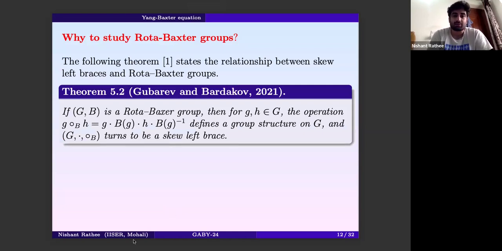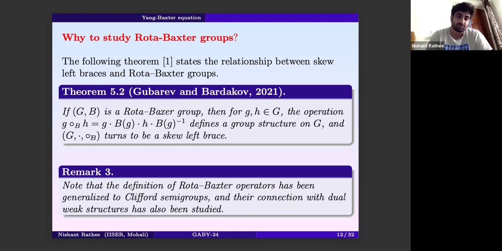Suppose you have a Rota-Baxter group, a Rota-Baxter operator B on G. Then the operation g circle h equals g dot B(g) h B(g) inverse defines a group structure on G, and together with the original group operation on G, this turns out to be a skew left brace. So you have the Yang-Baxter equation, then skew left braces which induce solutions of the Yang-Baxter equation, then Rota-Baxter operators which induce skew left braces. This is the connection between Rota-Baxter operators and skew left brace structures.